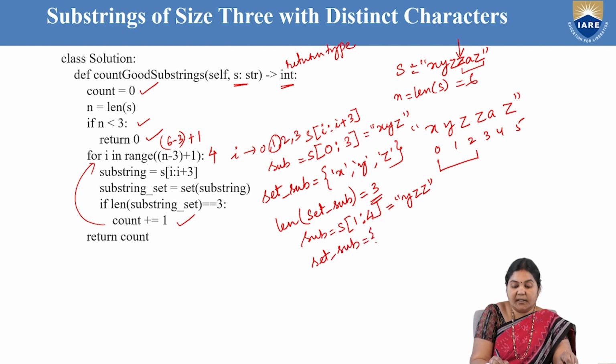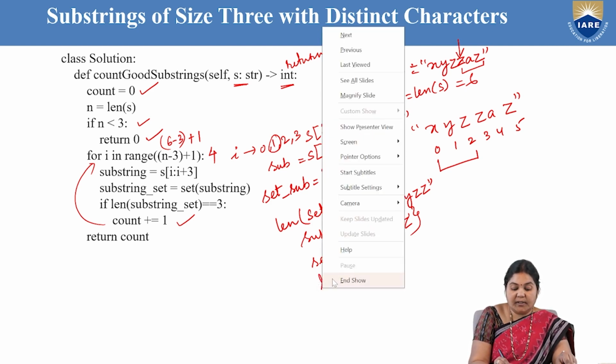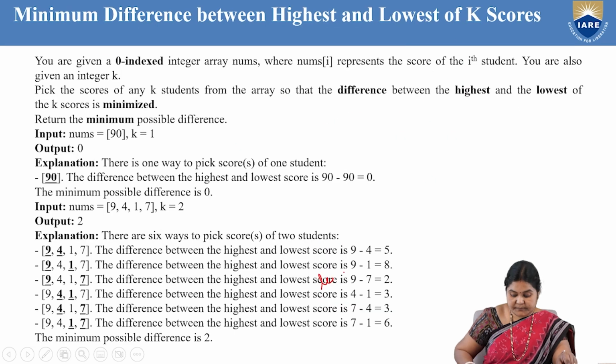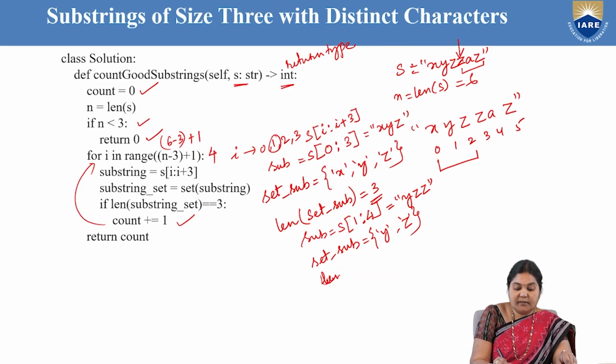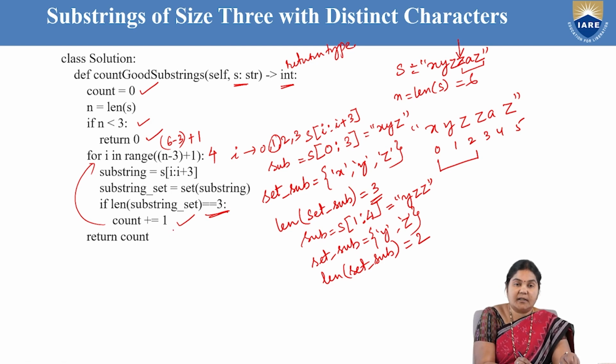It will contain only Y and Z because another Z is repeated. What is the length of the set? It is only 2. So, if length is 2, it is not counted as a good substring, so do not increment the counter.